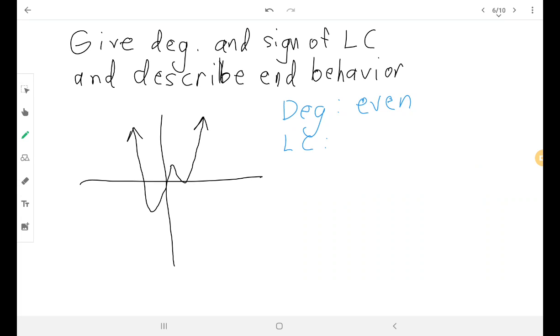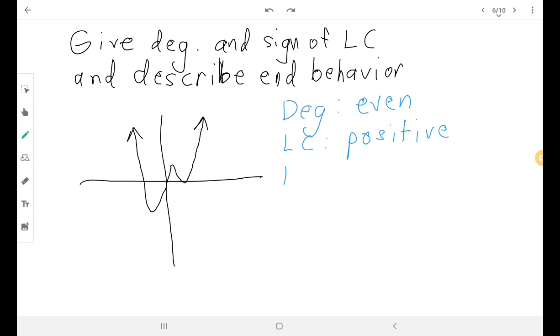So the leading coefficient must be a positive number. If they both go down, it must be negative. And you can actually tell just by looking at this one here. If it goes up for an even function, the leading coefficient is positive. But if it goes up for an odd degree polynomial, then the leading coefficient is negative. Okay? So just something to think about.